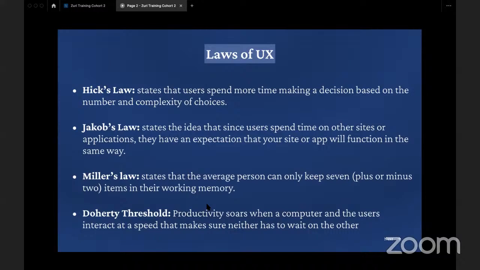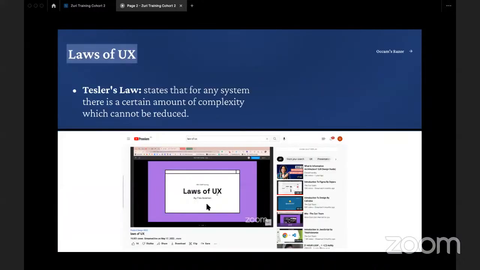Meaning that we should categorize our things very well. Do you understand? Which also means that we should break up long processes into steps and make it easy for our users to navigate or look for whatever they want in a very short period of time. Now, look at YouTube, for example. This one is following Tesla's Law.